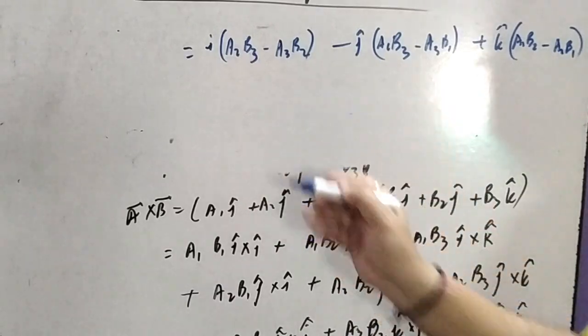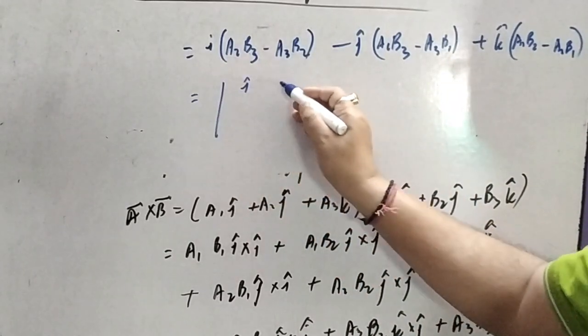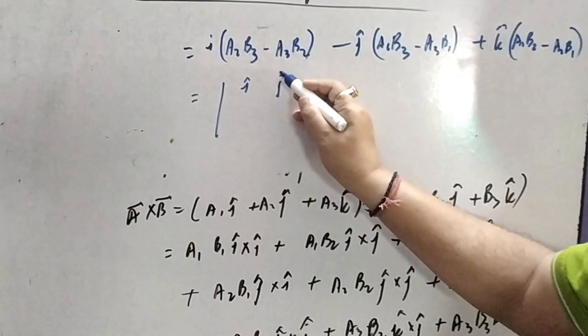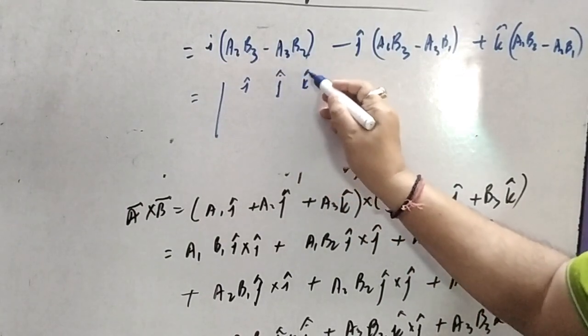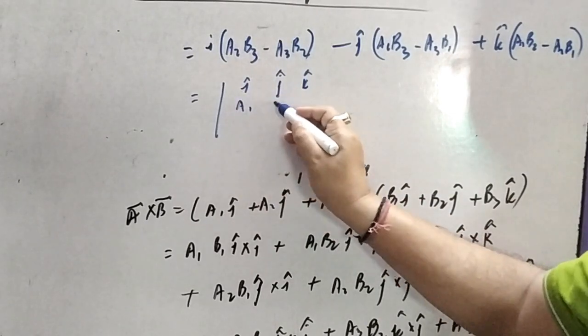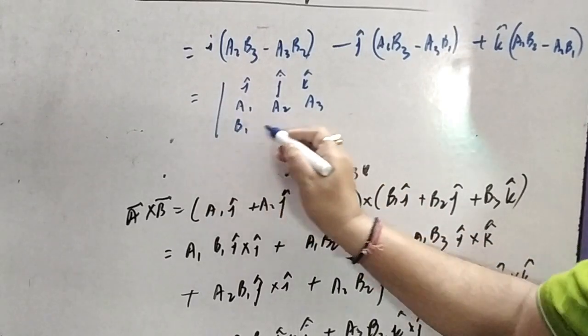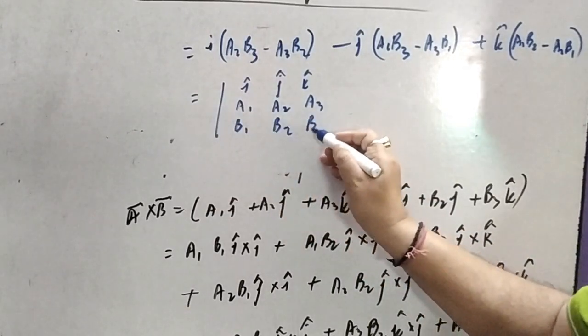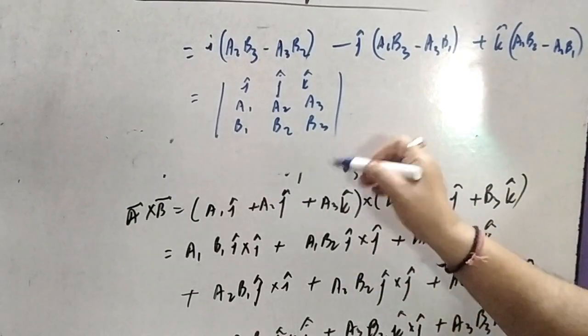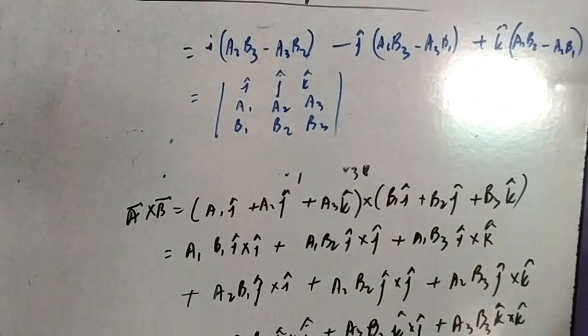How they are written in a shorter way, that is the determinant form. That we write A1 A2 A3 B1 B2 B3. Actually, it is the expansion of this. We are not to do all these steps every time.